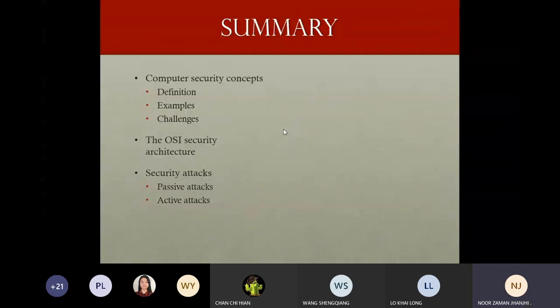We also discussed the active and passive attacks and different examples of them.